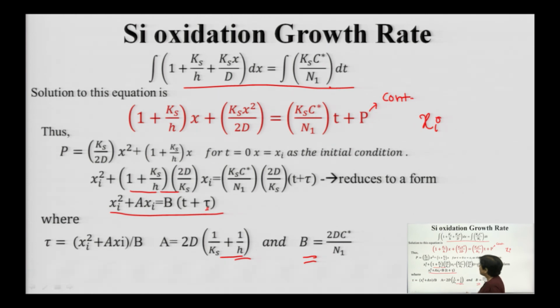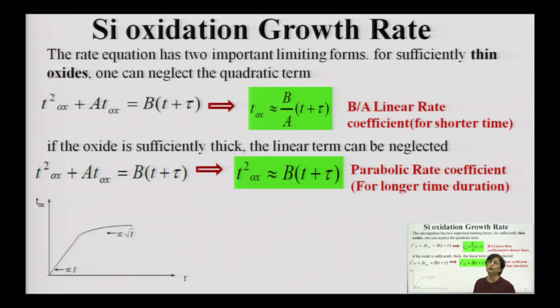So, when I substitute A, B and tau as the constants in the equations, I get two limiting cases of the oxidizing rate. One, I ignore all the higher order terms and get T ox, that is oxide thickness, square plus A T ox is equal to B into t plus tau.